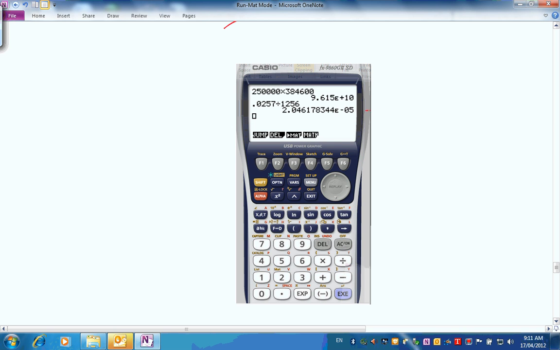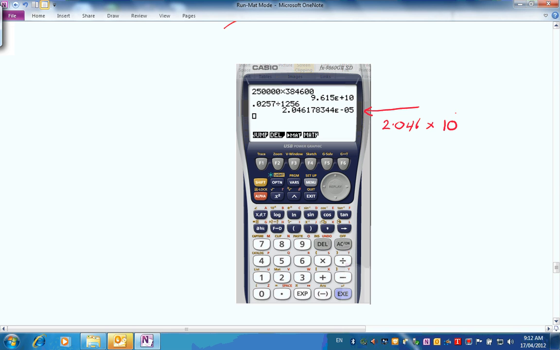Oh, the calculator's gone and done it again. It's put the answer in an abbreviated form. Now this time the calculator is saying that this answer is 2.046, etc. We won't write them all down, times e for exponent of 10.